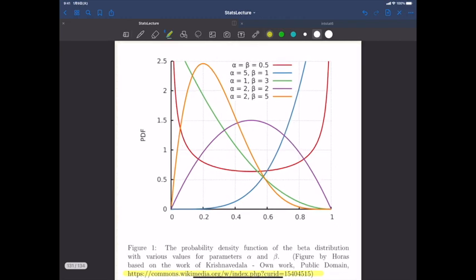When alpha and beta are 0.5, we have this curve. That means the density is higher when x is close to 0 or close to 1, and it has the minimum value at x equal to 0.5.